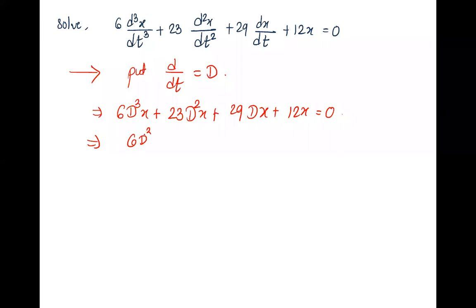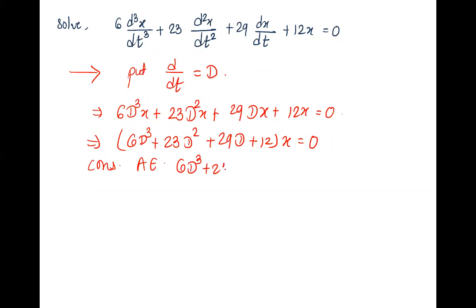Take it out. (6D cube plus 23D square plus 29D plus 12) x is equal to 0. Now consider auxiliary equation. Okay, this is your auxiliary equation. Now you can go to solve the values of D.